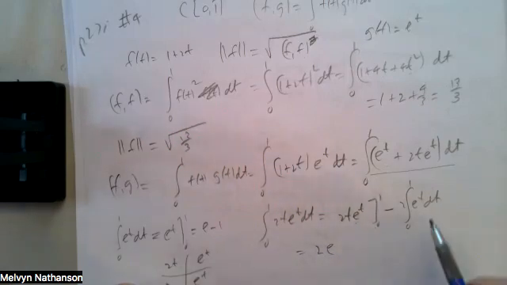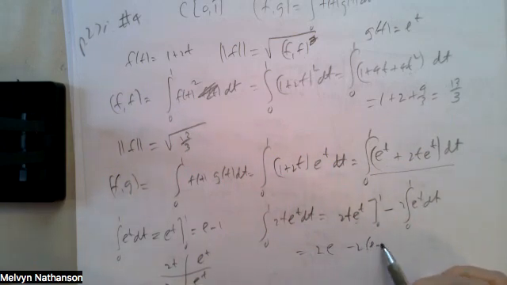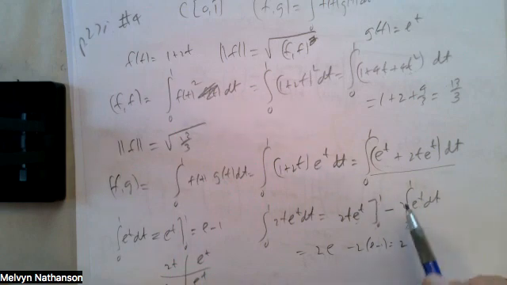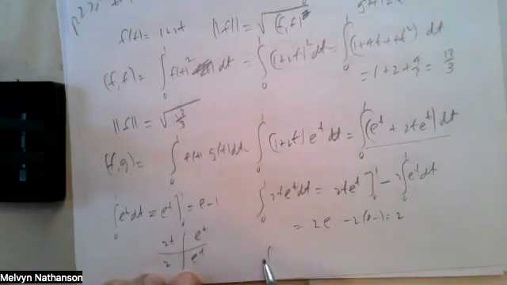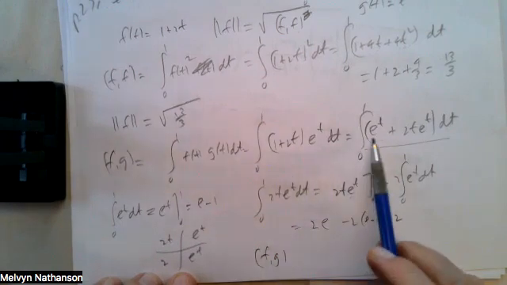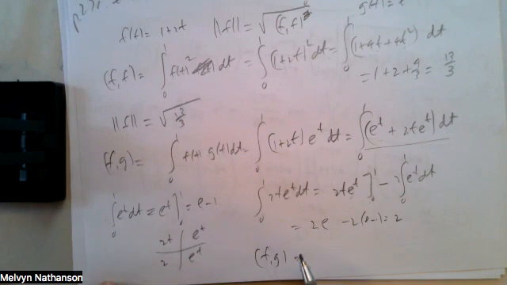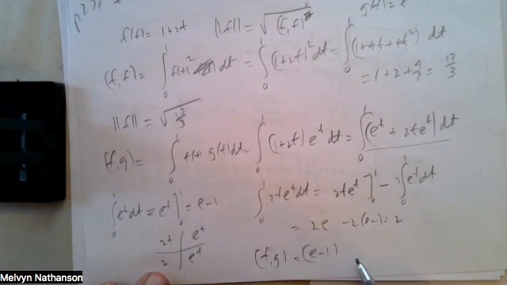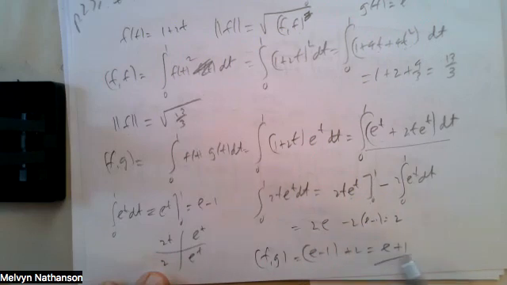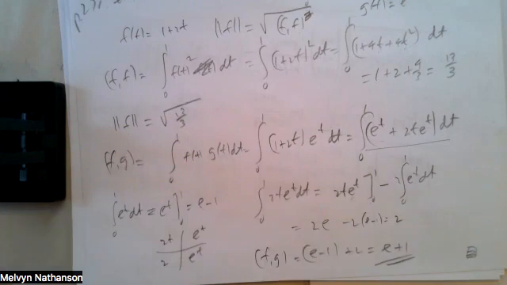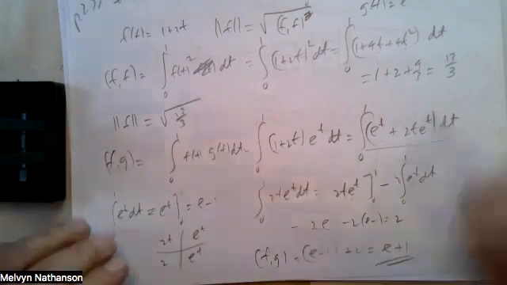When t is 0, this is 0. Minus 2, and the integral of e to the t we already saw is e minus 1. So 2e minus 2e plus 2, this is 2, if I did this correctly. So the inner product of f and g is this plus this. It's e minus 1 plus 2, which is e plus 1. So that's the answer, right? And that's how you set up all the different parts of this problem.